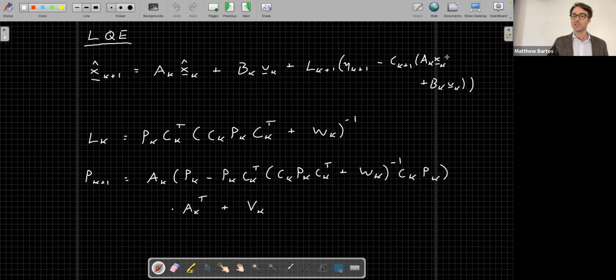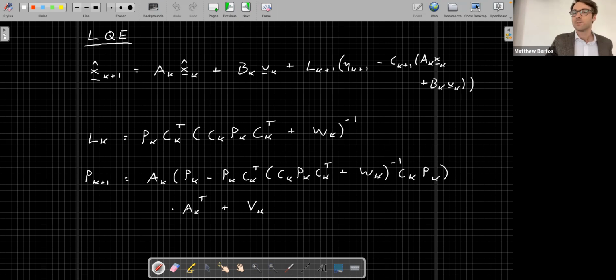The optimal observer is given by this observer here, where L_k is defined using the following matrix expression, using this P matrix that evolves over time. P is what's called the error estimation covariance matrix, and it essentially expresses the error over each time step. As I mentioned before, you can use this error covariance matrix to establish the uncertainty bounds for your posterior estimates of the system state.